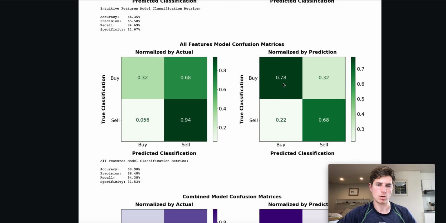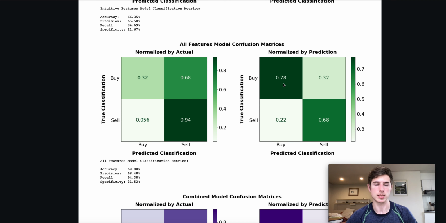So what do we think here? It seems like when the model says to buy, it probably is a good thing to do. But the model obviously is biased toward telling traders to sell. And when it does say to sell, you need to take it with a grain of salt. Ultimately, this model could simply not be used on its own.